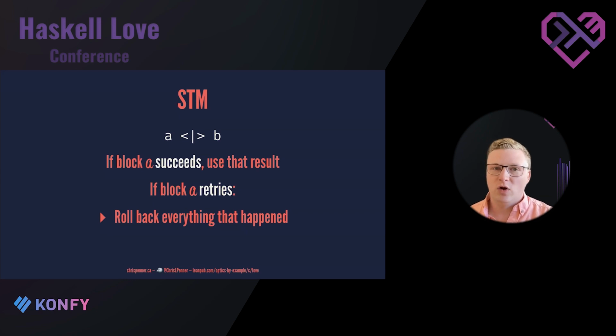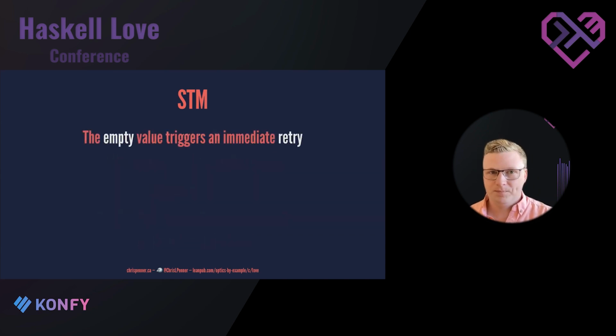So let's say we pushed something onto a queue, we popped something from a queue, we altered a variable, whatever, all of that will be rolled back. And then we'll run block B instead. And the result of this expression will be whatever B resolves to. If it retries, the whole thing retries. Otherwise, we just use that result. Cool. So of course, the empty value here just triggers an immediate retry. It says, give up, I'm done.